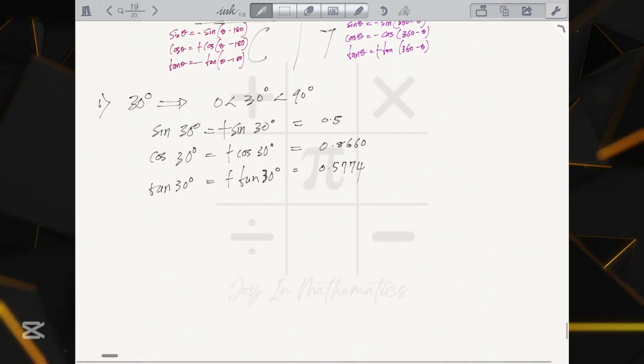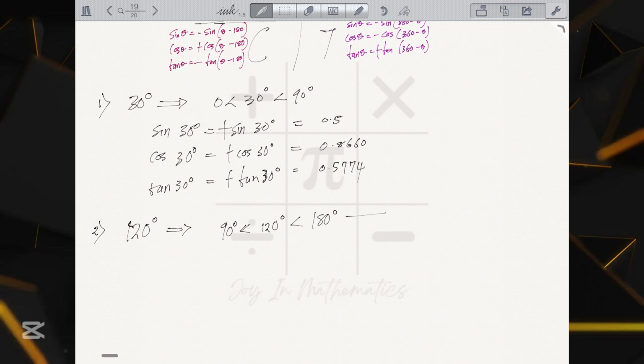Let's take question 2. We have theta equal to 120 degrees. Well, 120 degrees is in which quadrant? You can say 120 degrees is greater than 90 degrees and less than 180 degrees.